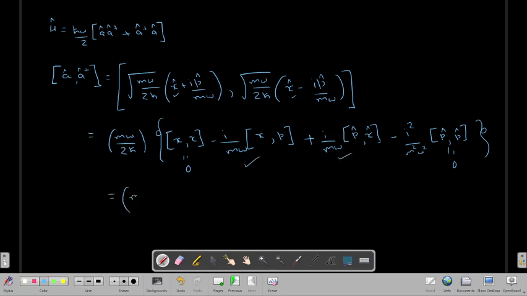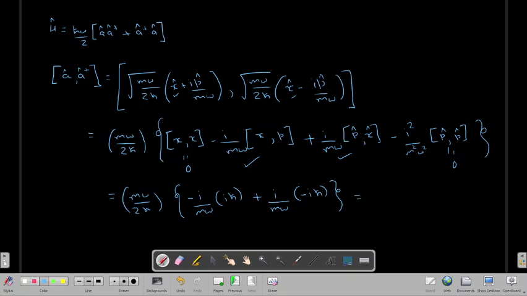So this is equal to m omega by 2h cross, and x comma p is equal to i h cross, so minus I by m omega into I h cross; I into I is minus 1, so this will be positive. Plus I by m omega p comma x, and this is minus I h cross, so this is again minus, and again positive.